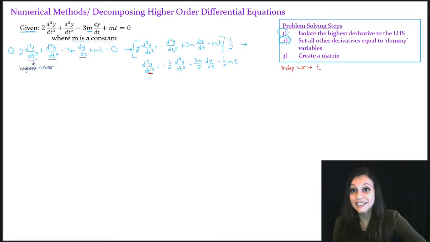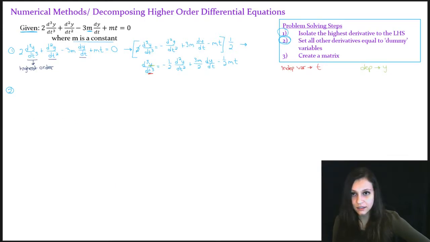And then our dependent variable is the variable that depends on the woman. It depends on the independent variable to determine its value. So in this equation, the dependent variable is y, and that's on the top of our derivative sign. Okay, so now we can move on to step 2.